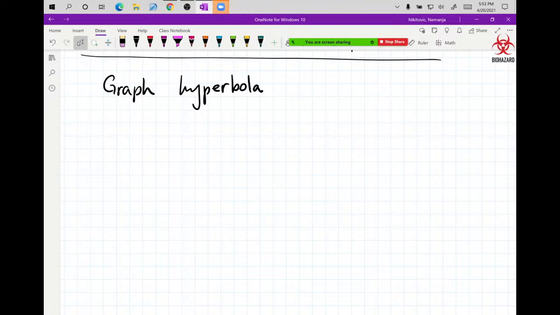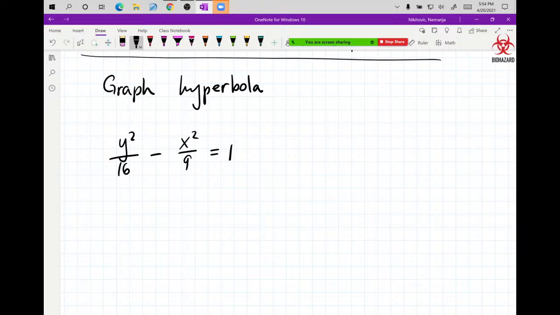So let's graph the hyperbola y squared over 16 minus x squared over 9 equals 1. If this is the hyperbola given, your first job is to figure out whether the hyperbola is horizontal or vertical. If it's x squared minus y squared, it's horizontal.